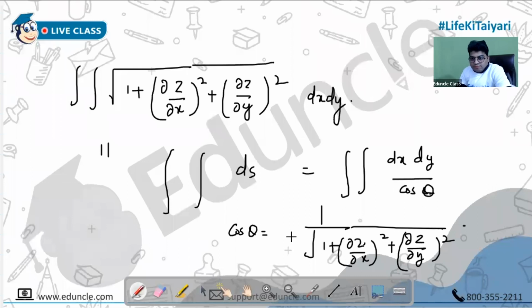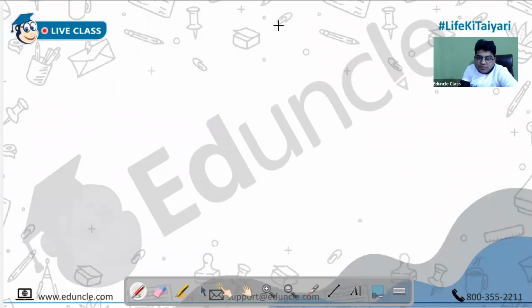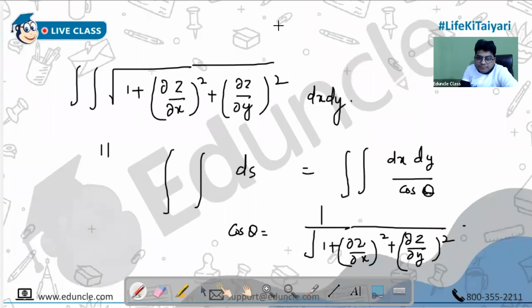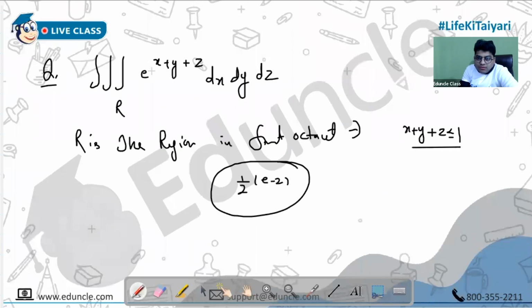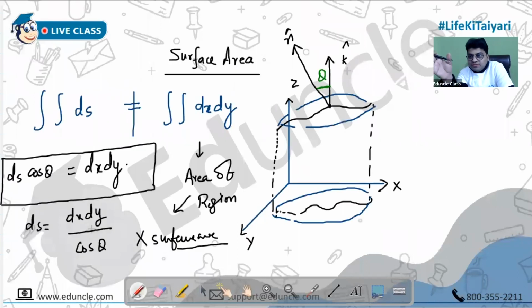Done. So आपको ये पता है, going back. You have any surface? Surface has a normal. The normal has angle theta from the z axis. On theta you can find out cos theta.